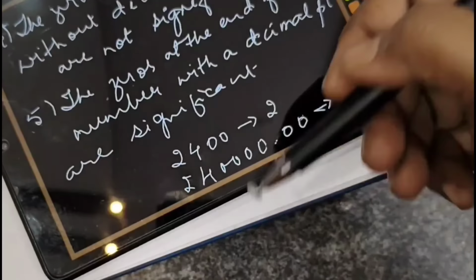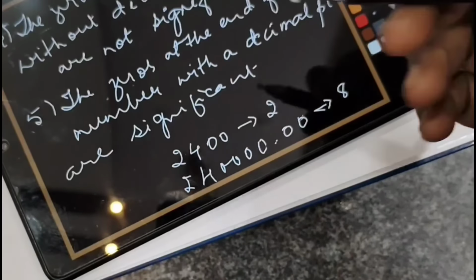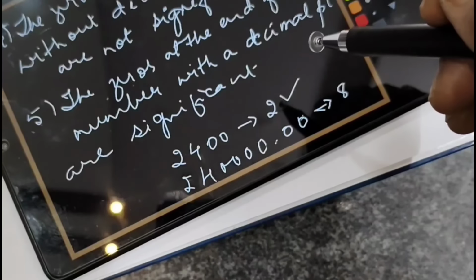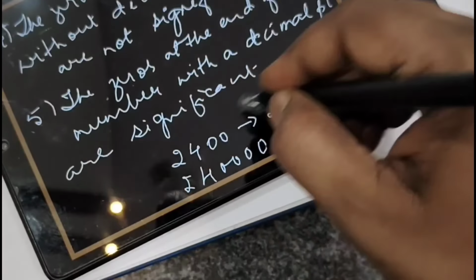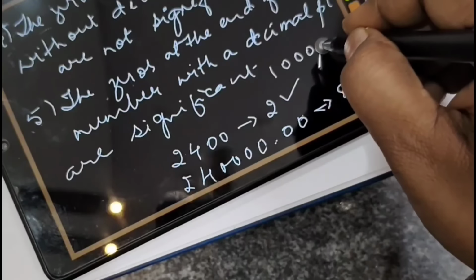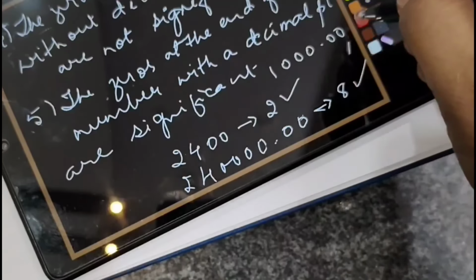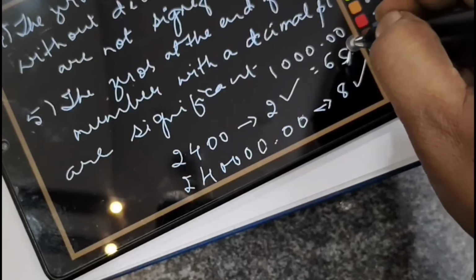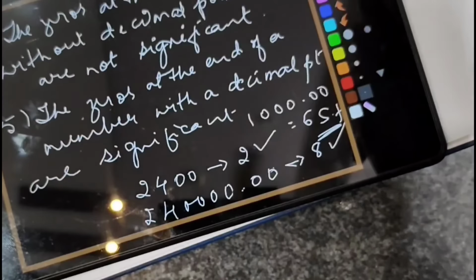Okay, so this is a magic and this is the trick of the significant figures. So this is the answer to the fourth point, and this is the answer to the fifth point. So suppose one more example I will give you. 1000.00. So here how many digits, significant figures? There are 6 significant figures. Okay, I hope you understood.